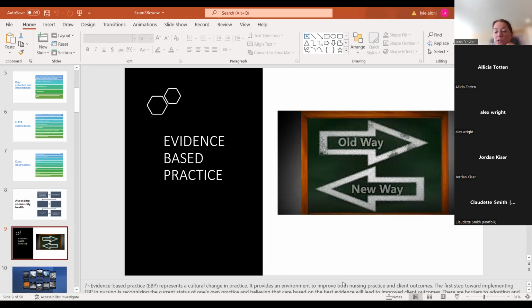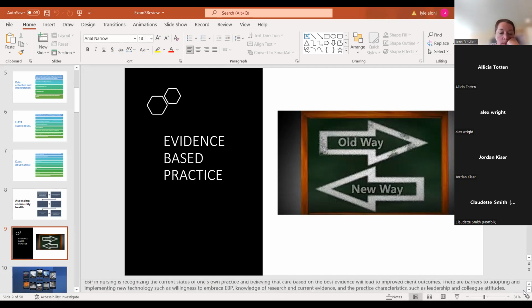There's going to be barriers. What are some barriers with accepting changes with nurses? Age and technology. Good. Technology, they may not like a new system. What else? Willingness to embrace the evidence-based practice.